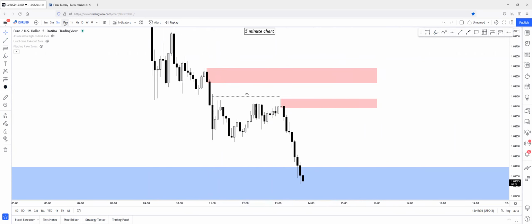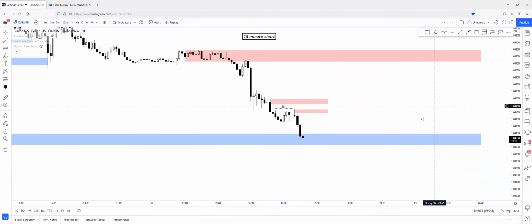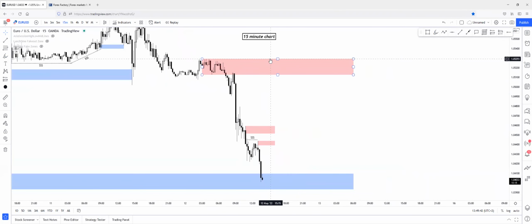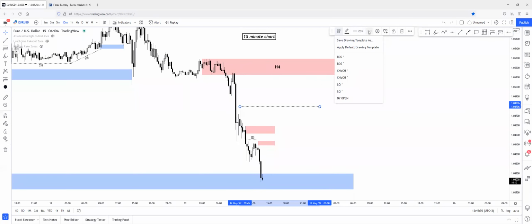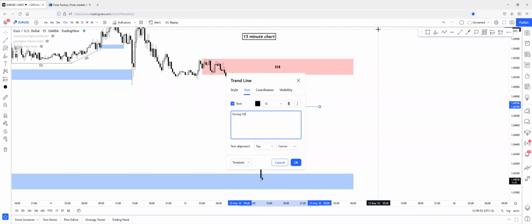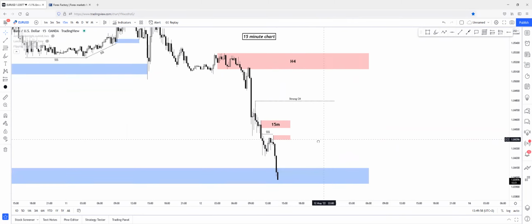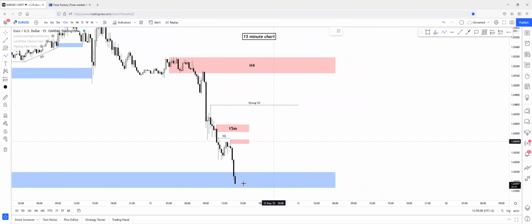We can see this. Also, let me just switch to the 15-minute and just send you the markups. Why did I say pullbacks? Send you the markups. Yeah, this is the first.